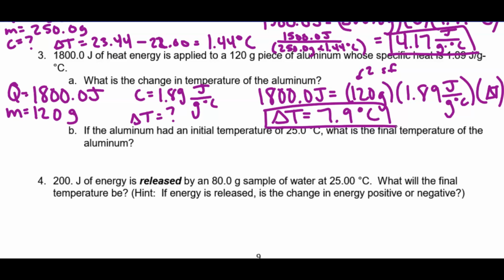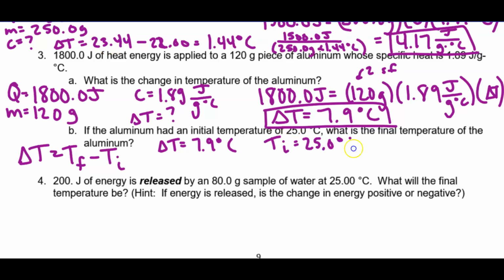Okay, so part B here is: if the aluminum had an initial temperature of 25, what is the final temperature of the aluminum? Well, we know delta T is equal to the final temperature minus the initial temperature. From the previous problem, delta T is 7.9 degrees Celsius. We know the initial temperature is 25 degrees Celsius.